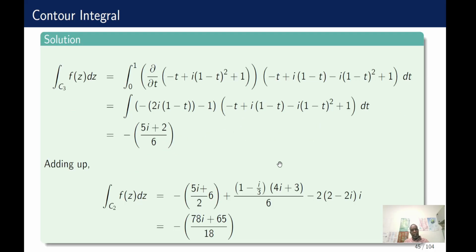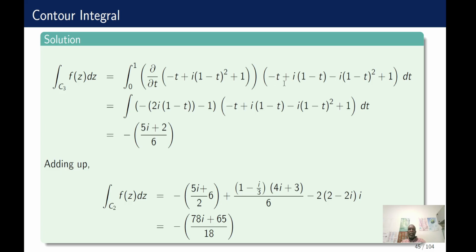Now the last one is the interesting one. You are going to integrate this over this contour. You are integrating between 0 and 1. The parameterization is this. You differentiate it with respect to t. When you differentiate this with respect to t, multiply it by the representation of the function.